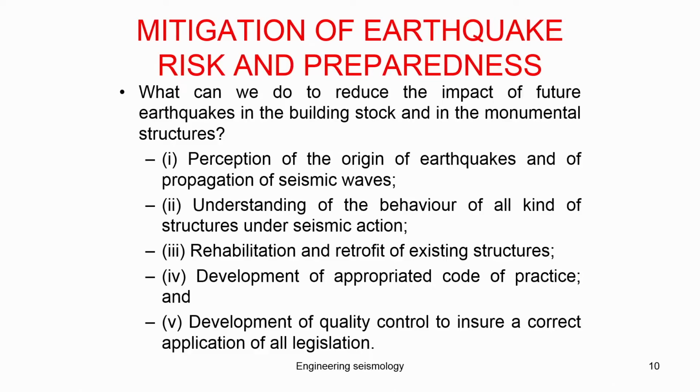We have discussed that we have to try to understand the origin of the earthquake and the propagation of the seismic waves. First we have to understand the earthquake, and if it comes, how the seismic waves travel. These two are the major, first-priority components of reducing and minimizing the risk. That is what we have tried to understand in our course so far.